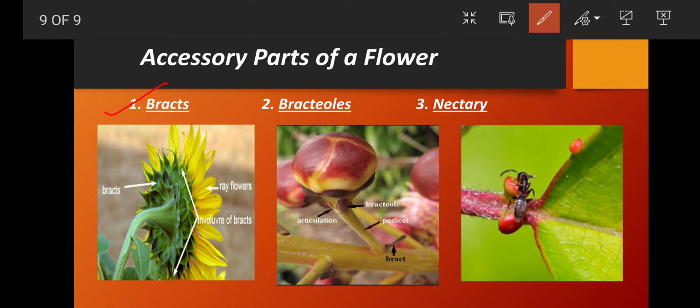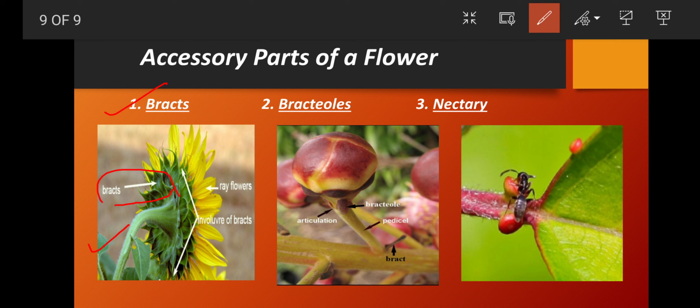The flowers which have bracts are termed bracteate flowers, while those in which the bract is absent are termed ebracteate flowers. Here is a picture of a sunflower which shows these bracts.